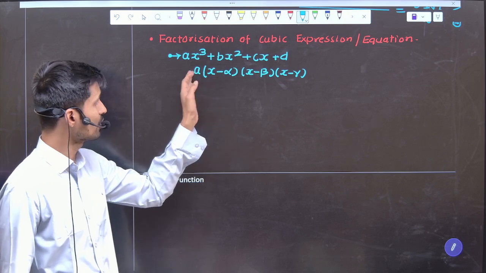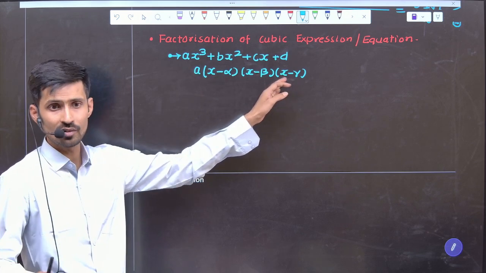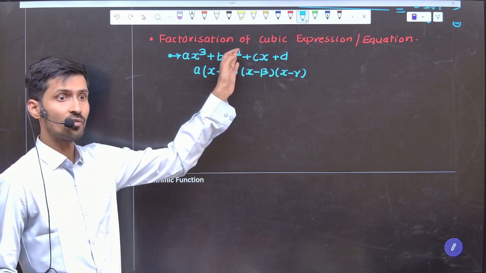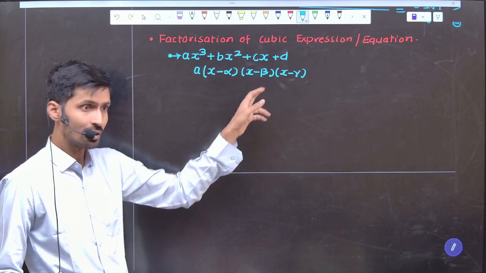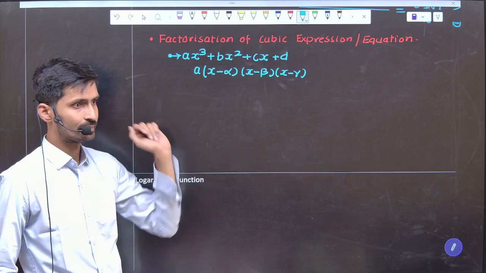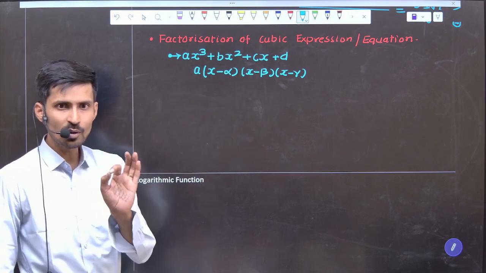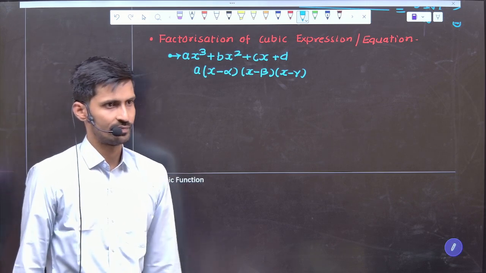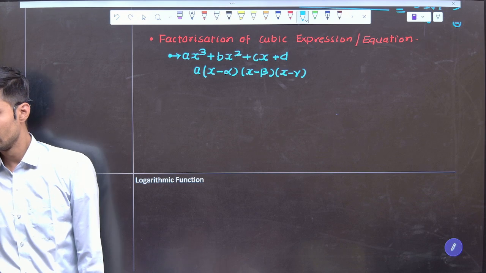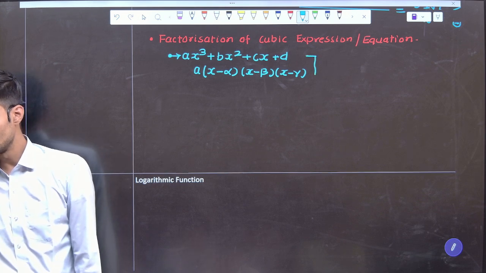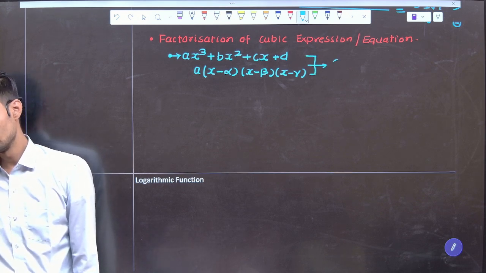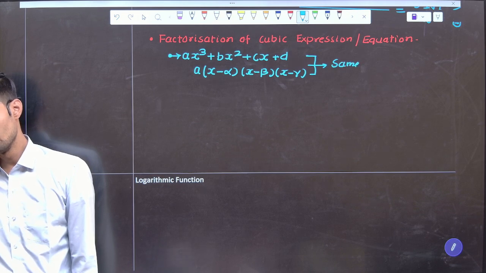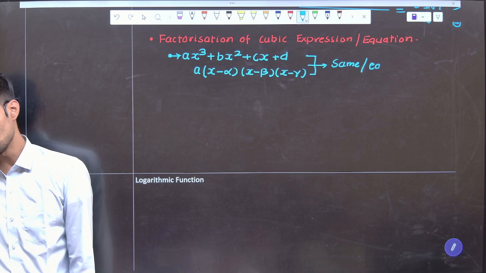You just multiply everything out and change it. So both are 100% equal. There is no difference. Yes or no? Both are the same. You can say both are equal.